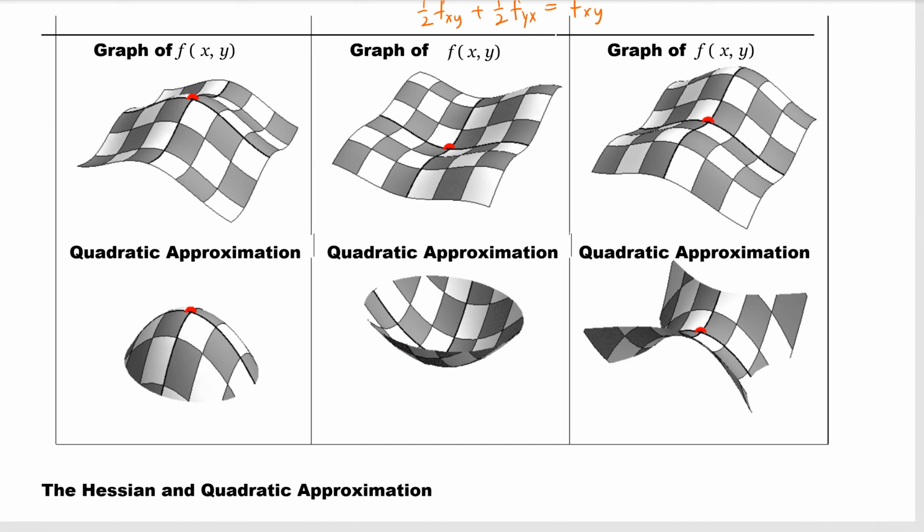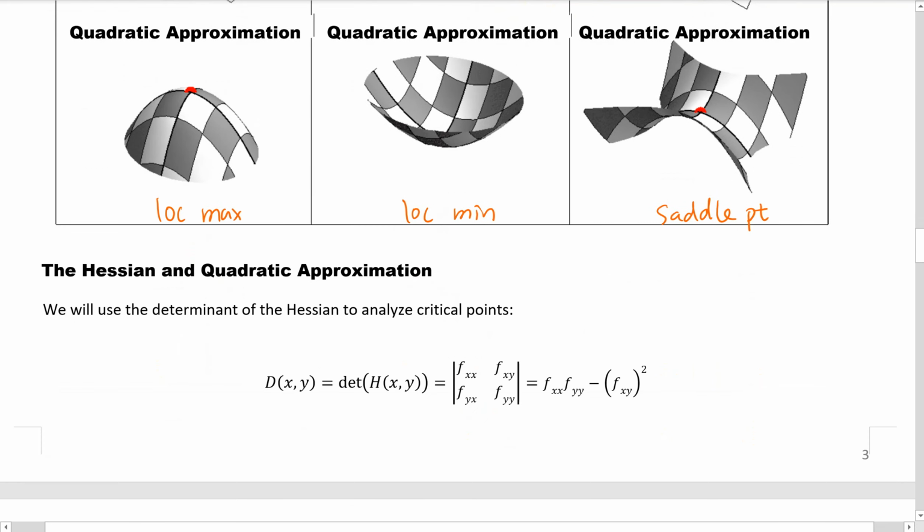And here you see this gives us another paraboloid, and we can tell this is a local max, this is a local min, and this guy we have a saddle point. So far so good. Okay, now let's look at the Hessian and the quadratic approximation.